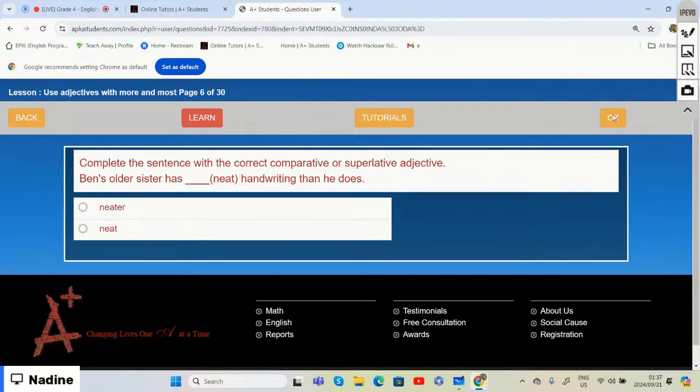So Ben's older sister has, do we say, neat handwriting than he does? Or do we say Ben's older sister has neater handwriting than he does?